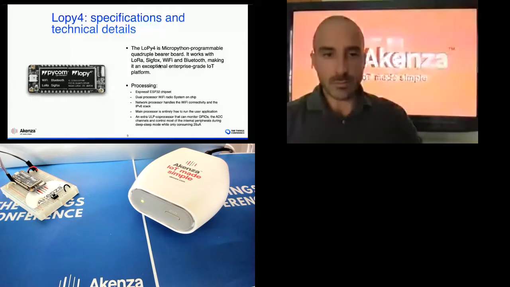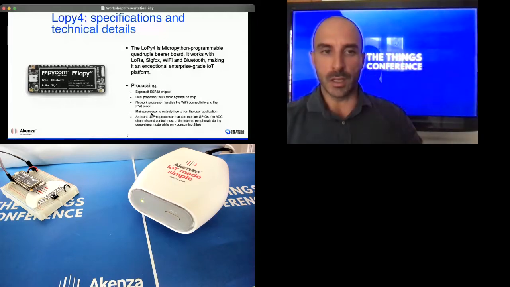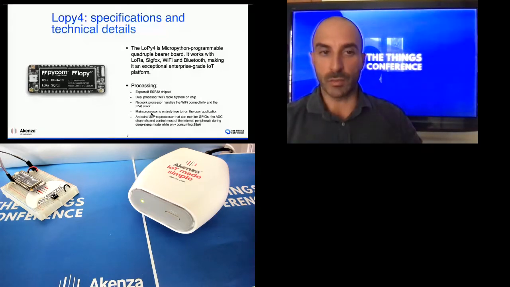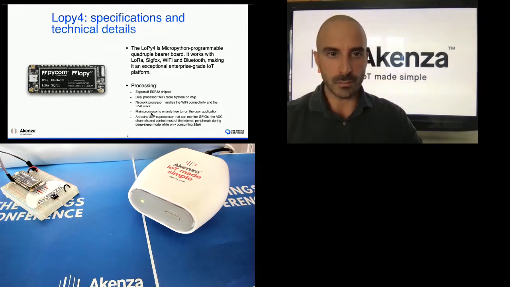And yes, as I said, the main processor is completely dedicated to the firmware and runtime. So it's really powerful and it runs very well. Ours is not a really power demanding application, but it is clear that it runs really well.